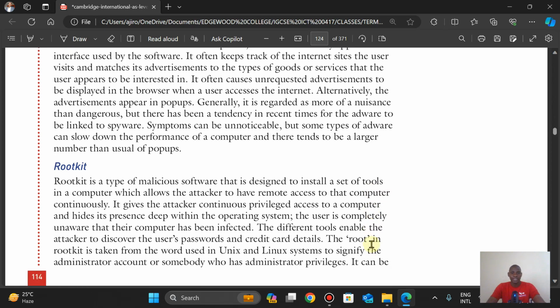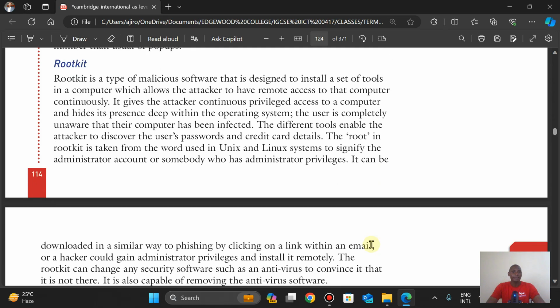Rootkit. Let's talk about rootkit. Now, a rootkit is a type of malicious software that is designed to install a set of tools. This is not in the O level. A set of tools in a computer which allows the attacker to have remote access to that computer continuously.